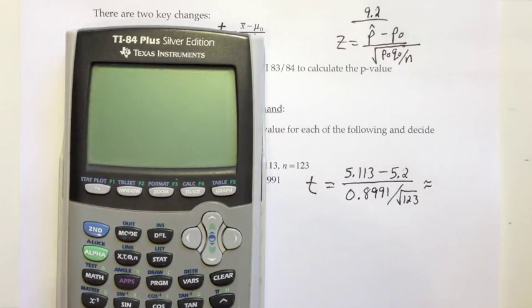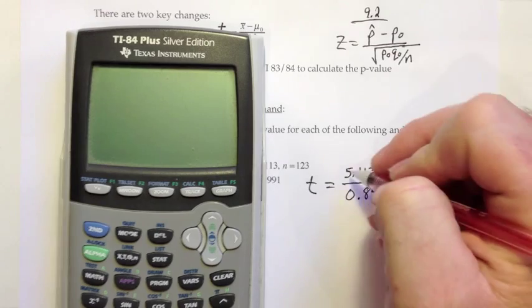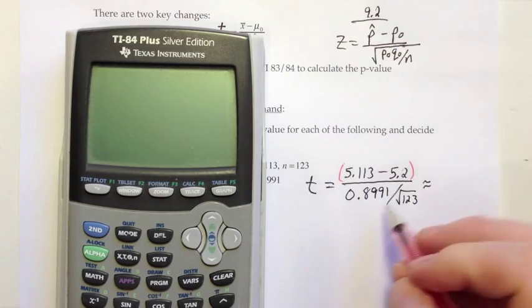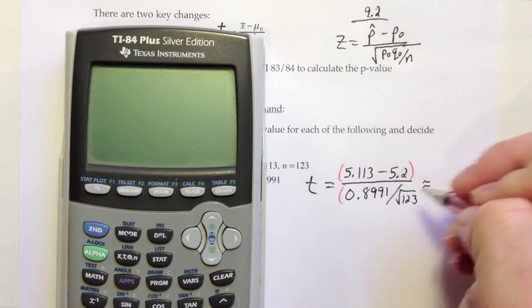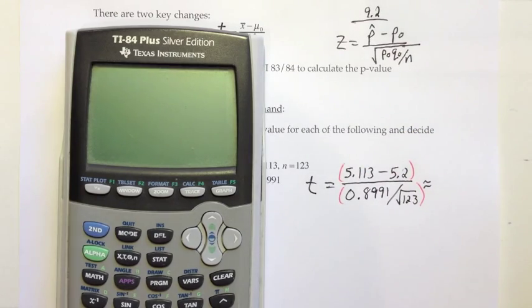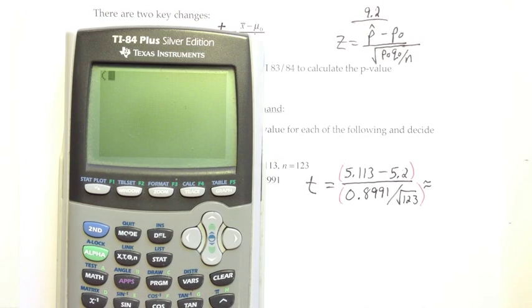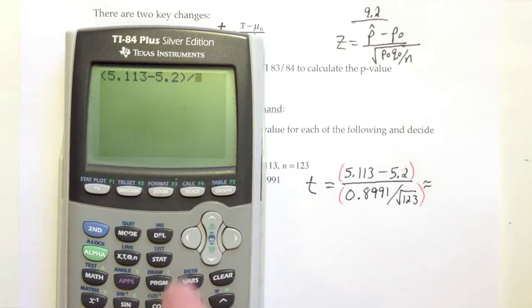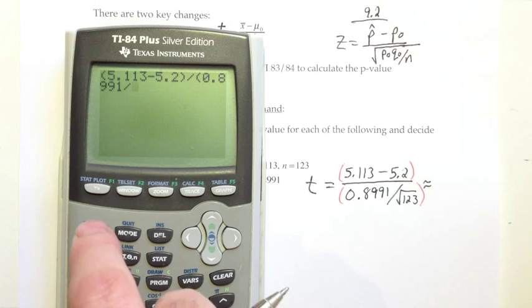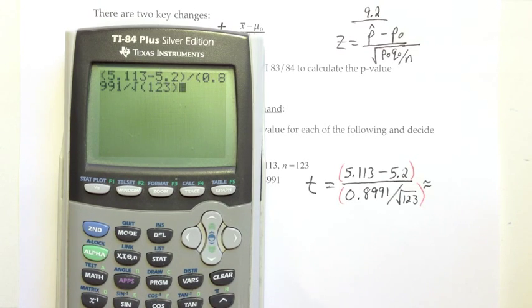When you go to do that on the calculator, we have two numbers in the numerator, so you want to put parentheses around that, and two numbers in the denominator, so you want to put parentheses around that also. So we have 5.113 minus 5.2, parentheses around the top, divided by, open parentheses for the denominator, 0.8991 divided by the square root of 123, and then end the parentheses for the denominator.